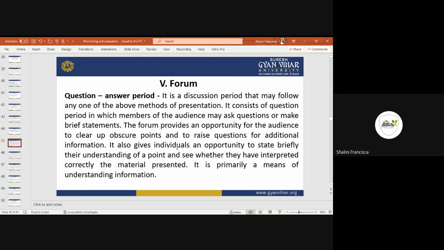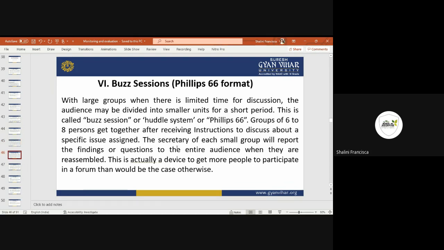It also gives individuals an opportunity to state briefly their understanding of a point and see whether they have interpreted correctly the material presented. It is primarily a means of understanding information.